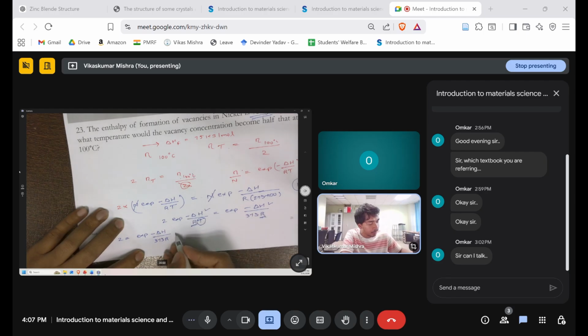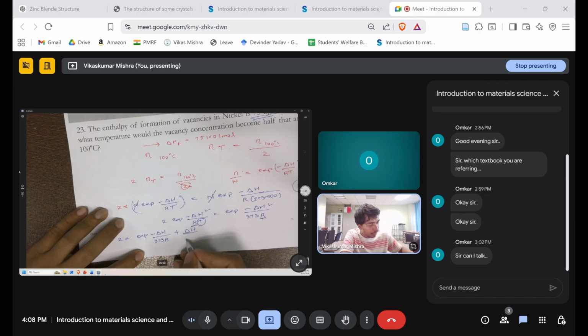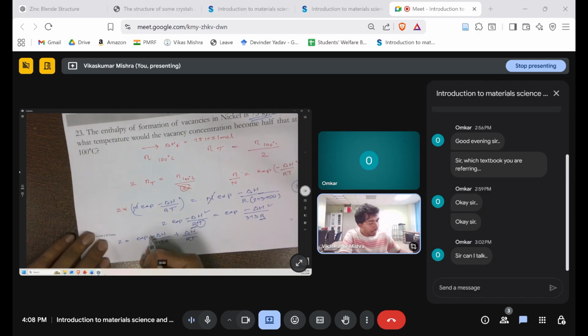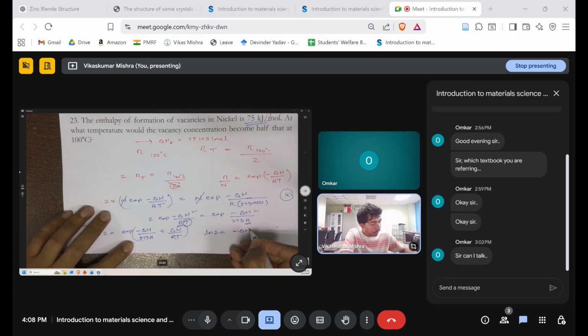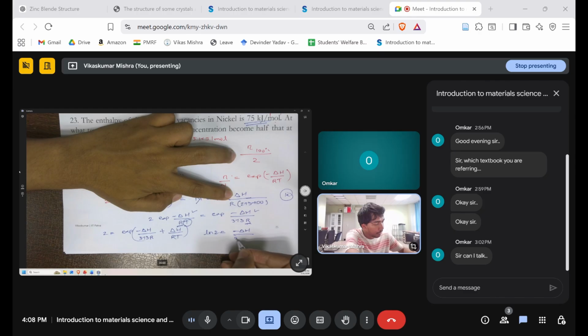This minus sign will come over, become plus delta H divided by R. So now we can take the ln on both sides. So ln2 should be equal to minus delta H divided by 373R plus delta H divided by R times T.